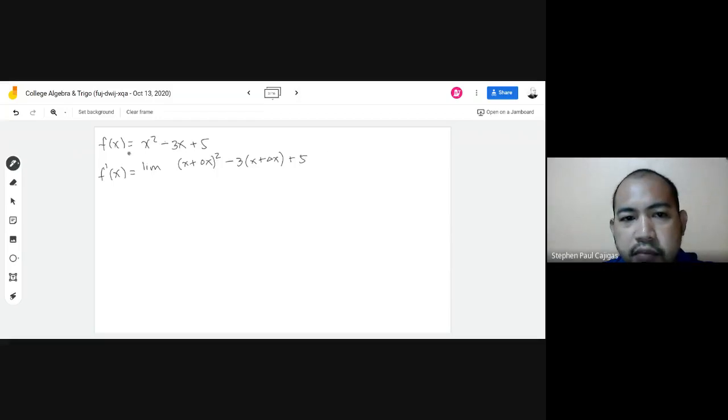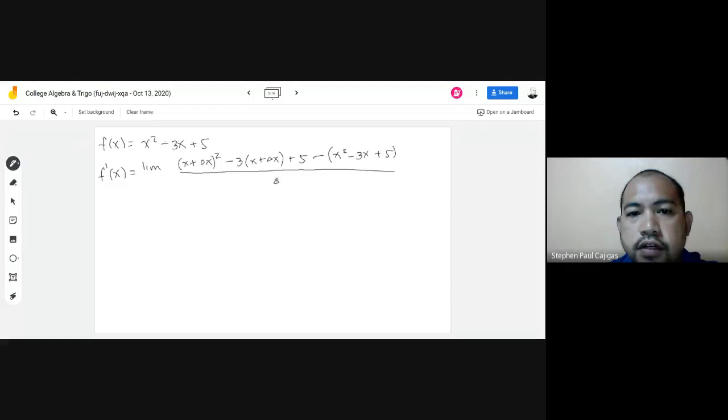Now, because we have three terms here, when we subtract, please make sure to put parentheses. If there are no parentheses, the signs will be wrong. So we subtract x squared minus 3x plus 5, all over delta x as delta x approaches 0.